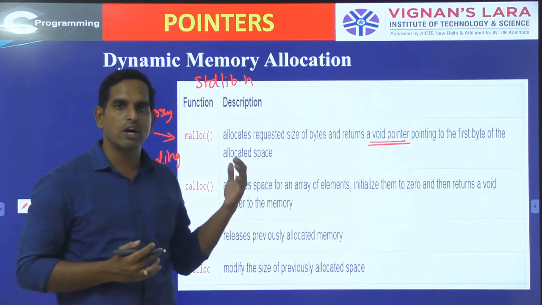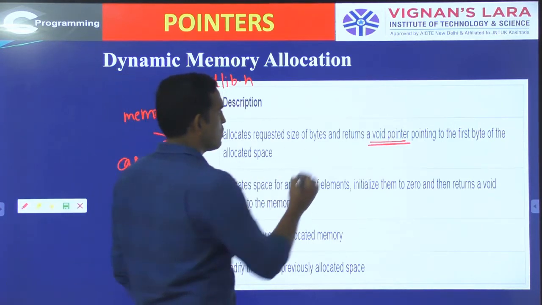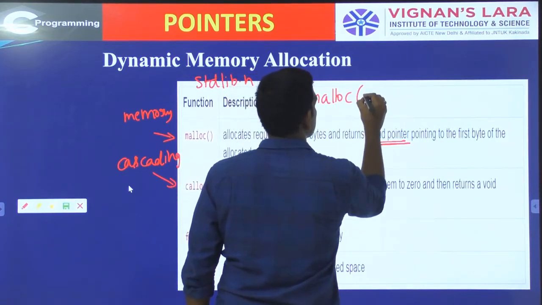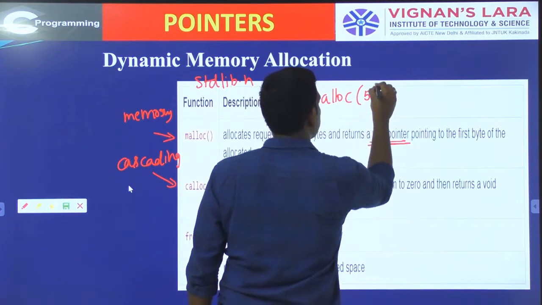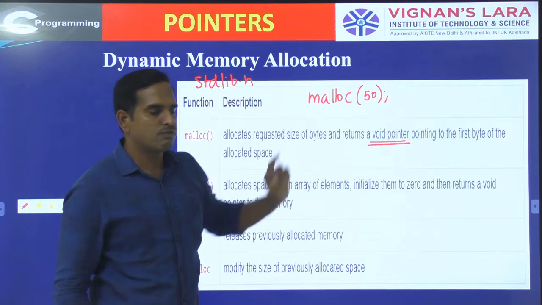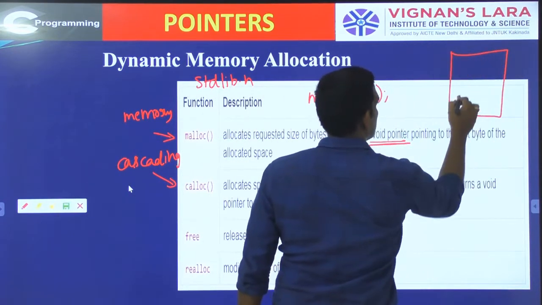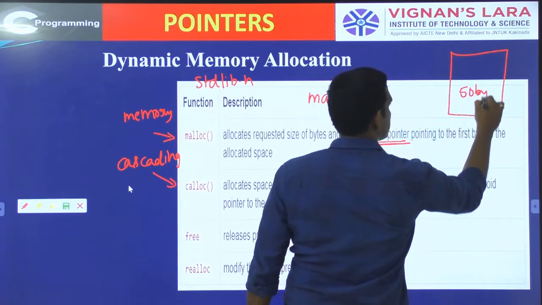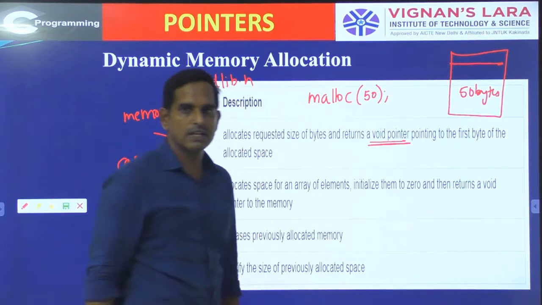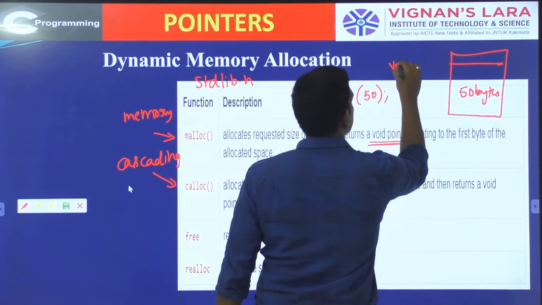If I perform malloc of 50, that means it will allocate 50 bytes of memory, that is, one block of 50 bytes of memory, where the first byte will be present, and this first byte will have one void pointer.